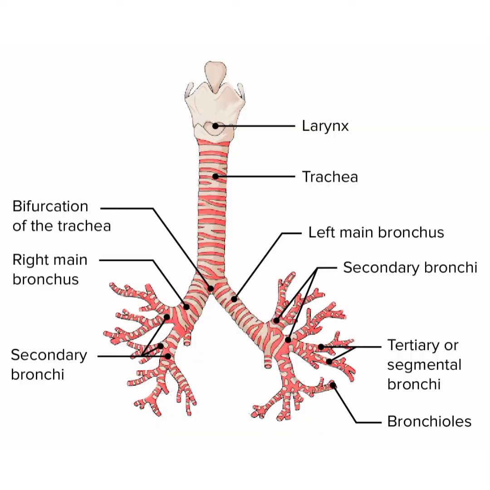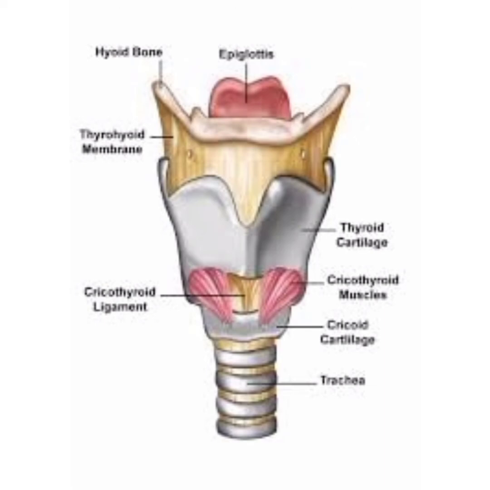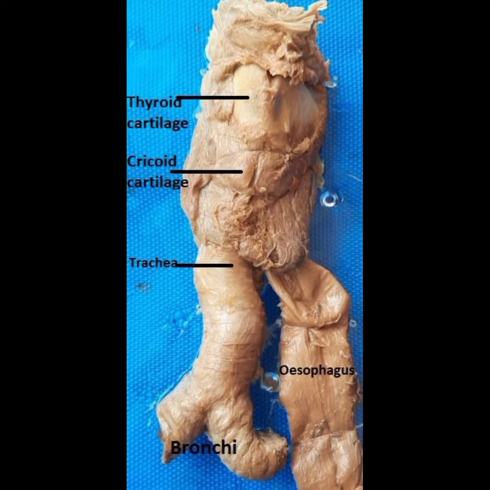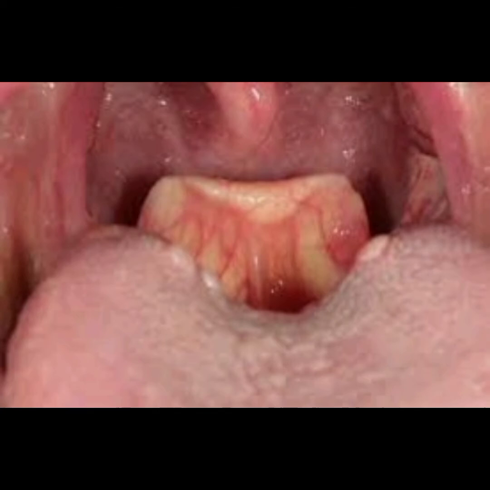The larynx is a short passage of air between the pharynx, that is the oropharynx above, and the trachea below. It is also very rigid because of the presence of hyaline cartilages, namely the thyroid cartilage, cricoid cartilage and the arytenoid cartilage.